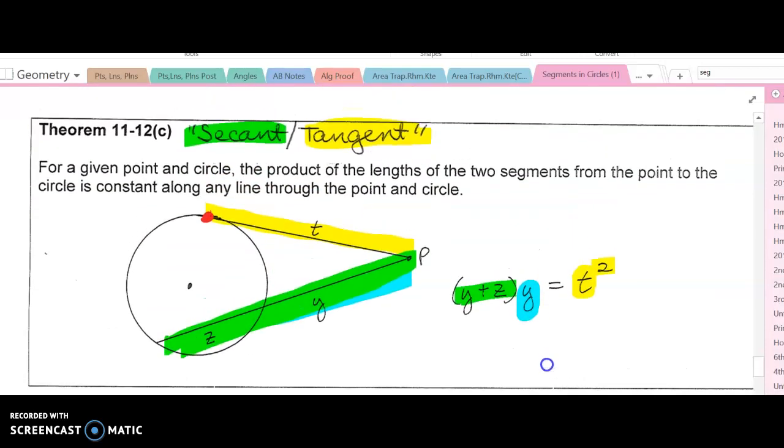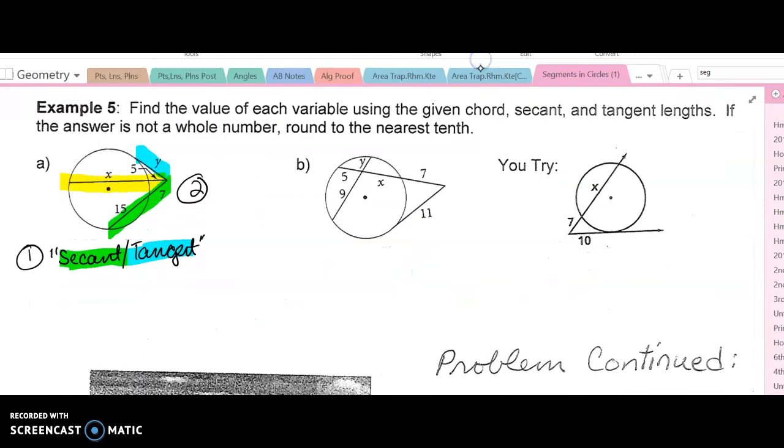The secant tangent strategy says for the secant part, the green part, I'm going to take the part outside the circle times the whole thing, 7 plus 15, is equivalent to the tangent, the blue one, squared. So we know that gives us 7 times, in parentheses first, order of operations, this would be 22.